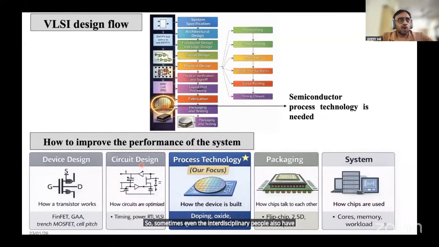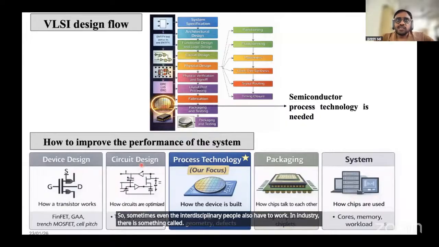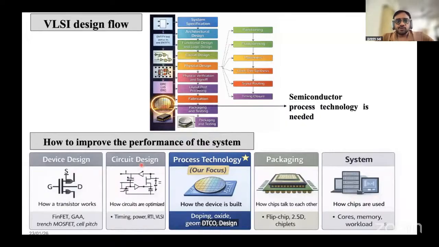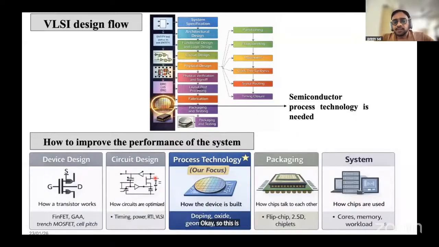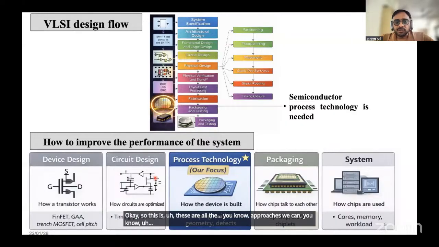In industry, there is something called DTCO, Design Technology Co-Optimization. They work with the device design team and the process team, and they optimize in a similar way, so they can go in tandem also. So these are all the approaches we can try to improve the system. But in this lecture, we are going to focus on process technology. That's what I meant here.